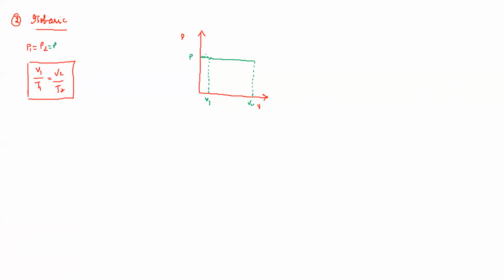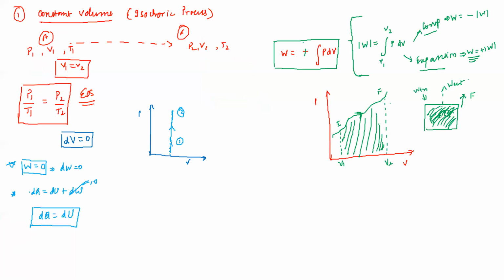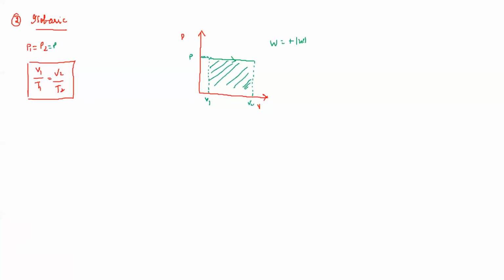In that case, the work done, as I told you, is going to be the area under the curve. And let's say it's an expansion process. So W is going to be positive of the modulus of work done for an expansion process. How did we come to know that this is an expansion process? It is going from lower volume to higher volume. So it's an expansion process.